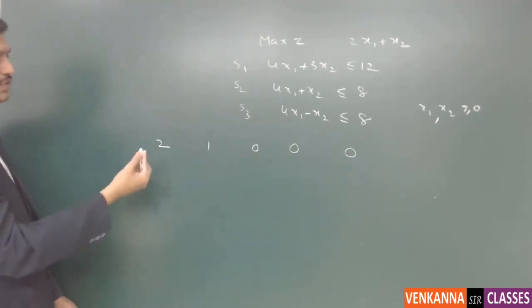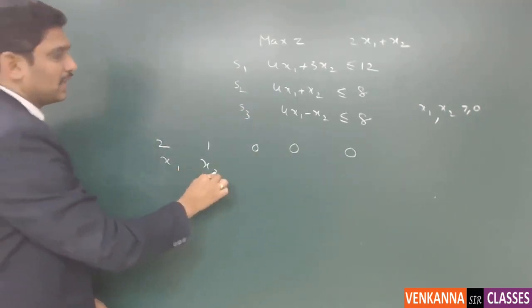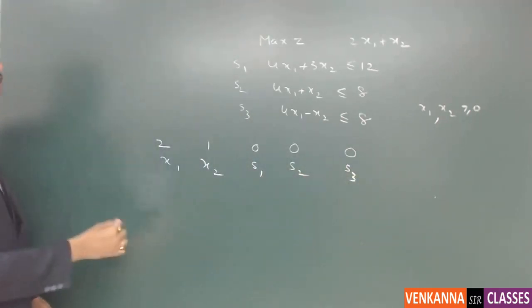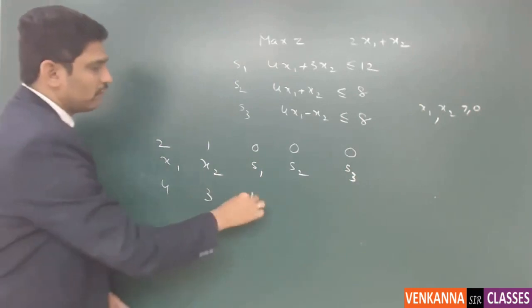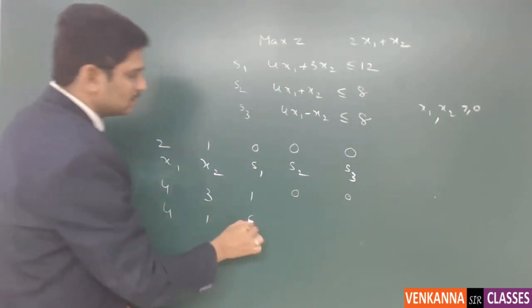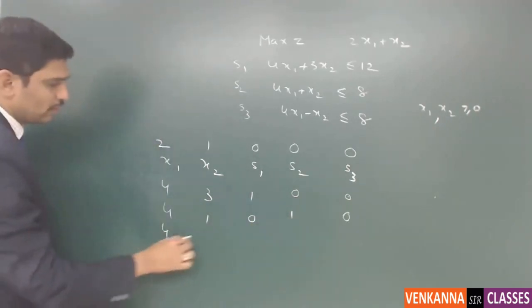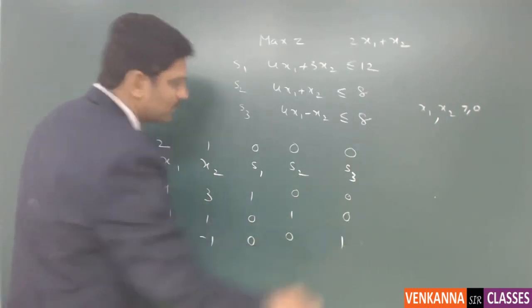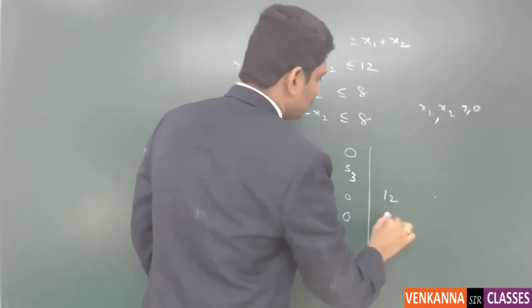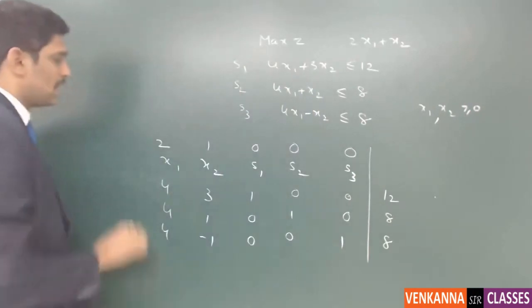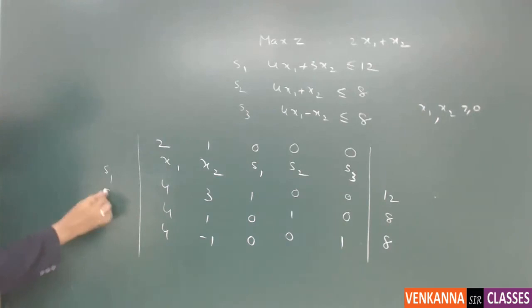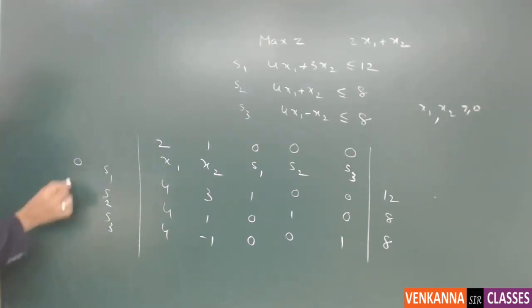So you have the coefficients of x1, x2, s1, s2, s3 with regard to the constraints: 4, 3, 1, 0, 0; 4, 1, 0, 1, 0; then 4, minus 1, 0, 0, 1; and the solution is given by 12, 8, 8, and you are performing the iterations with S1, S2 and S3 with coefficients 0, 0, 0.